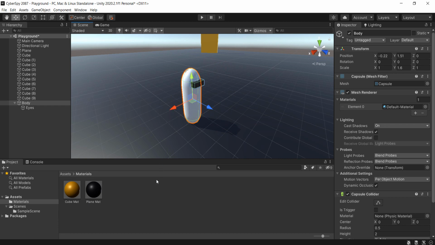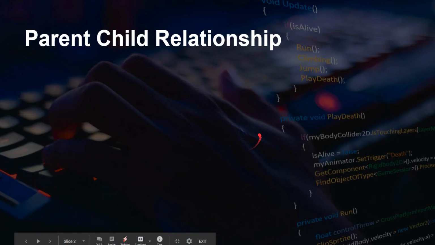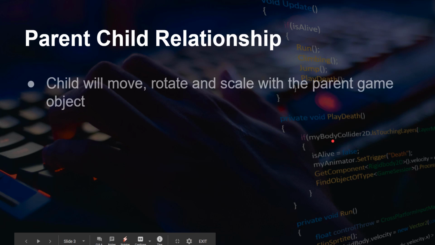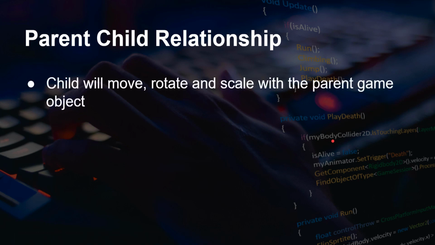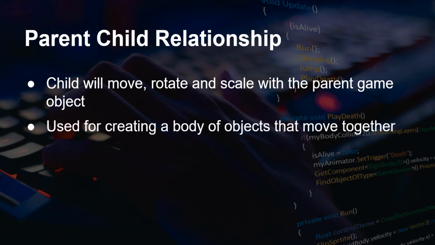And let me explain a bit more what all of this means. So what is parent-child relationship? The child will move, rotate, and scale with the parent game object. It's used for creating a body of objects that move together. Just like your arms are attached to your body, when your torso moves forward, your arms move with your torso.